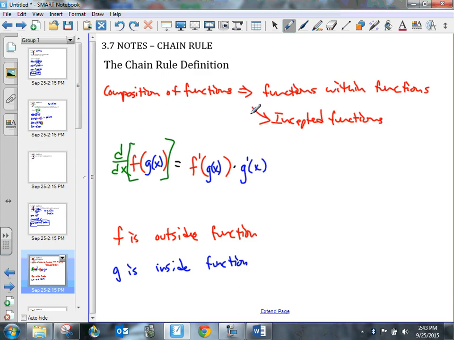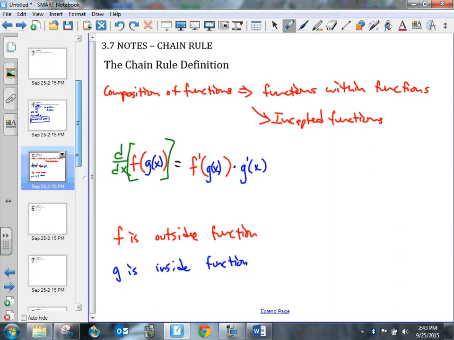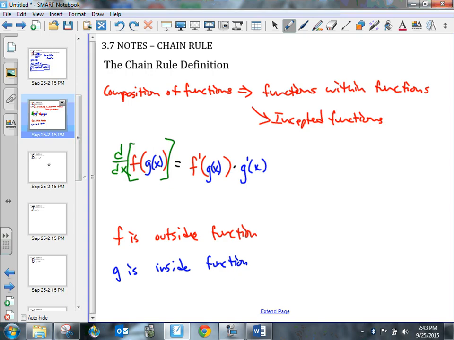So we take the derivative of our outside function and multiply by the derivative of the inside, leaving the inside alone.